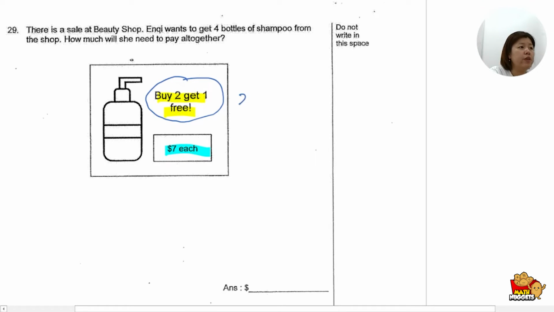So if I buy 2 bottles, it will be 2 times 7 equals $14, and I will get 1 free. So I'm short of 1 bottle, and 1 bottle is $7, so 14 plus 7 equals $21.